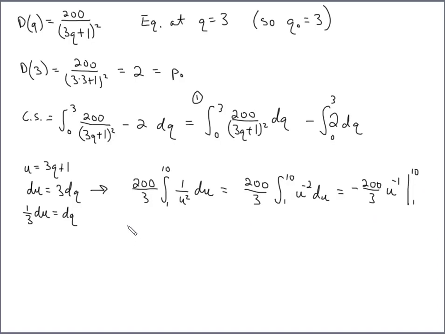So let's rewrite that as negative 200 over 3 times 1 over u, evaluated between 1 and 10. Okay, so that'll be negative 200 over 3 times 1/10 minus 1. Put that together, get 60.